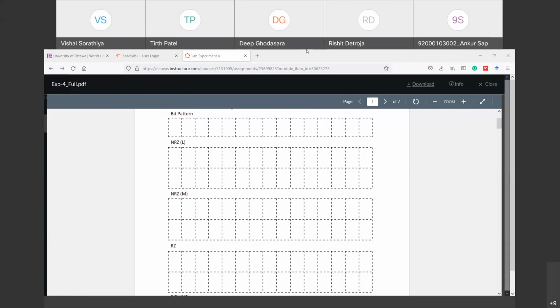Nobody responding? Somebody please open their mic and tell me. Okay, it says data will transfer in the physical medium, just data transfer, not software.